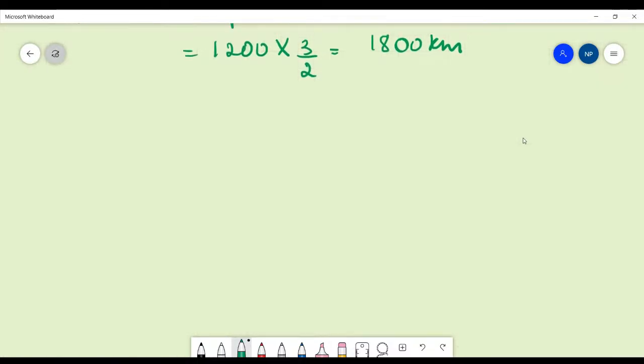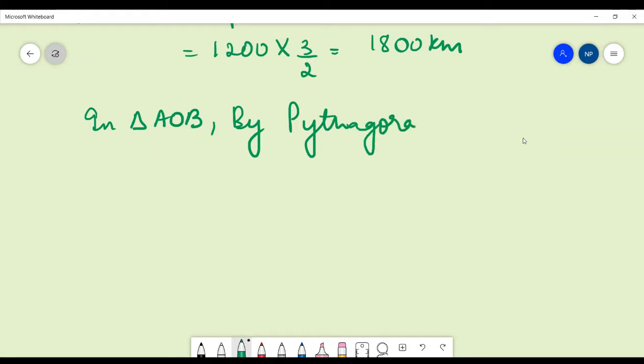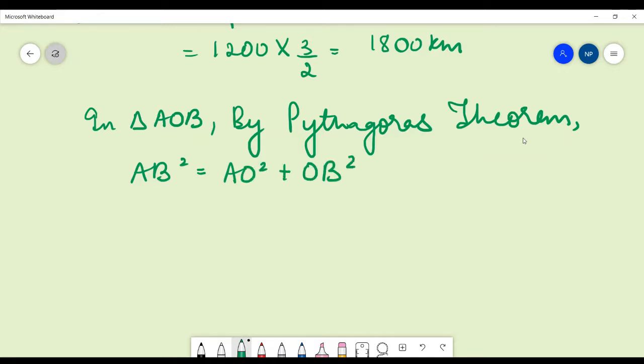Okay. So over here, we are going to write in triangle AOB by Pythagoras theorem, AB square is equals to AO square plus OB square, right? AB square is equals to 1500 square plus 1800 square.